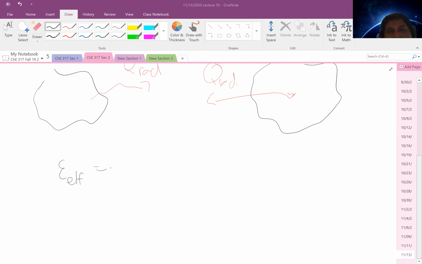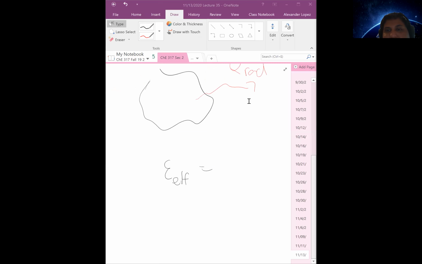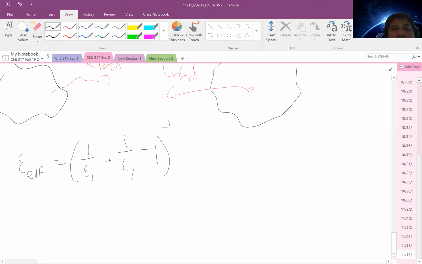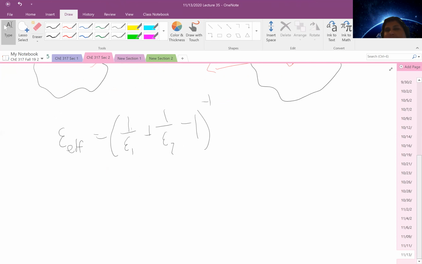All right, I'm pulling up the equation now and just double checking these notes. It's 1 over the initial emissivity plus 1 over the second emissivity minus 1, to the inverse. Which makes sense. To do a check, if we had two black bodies, E1 and E2 would be 1, which means we would have 2 minus 1, so the effective emissivity is 1.